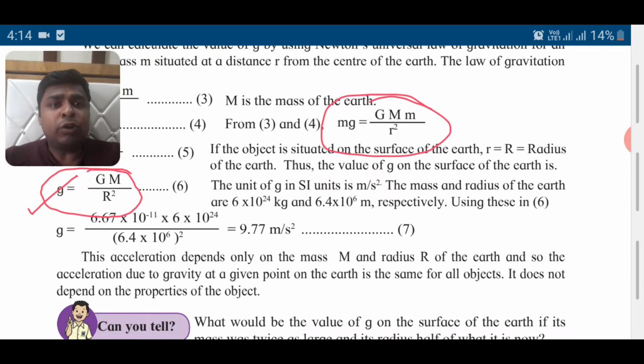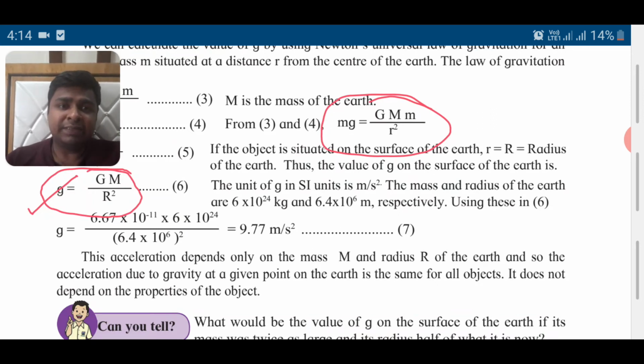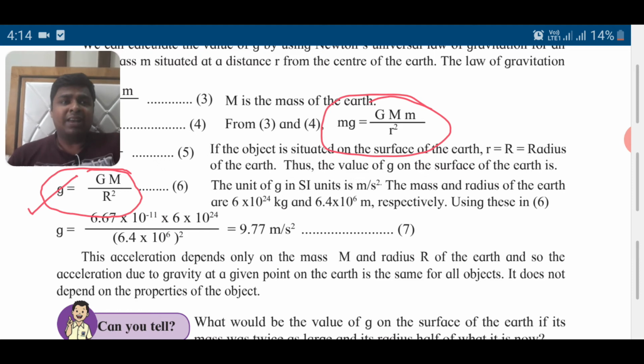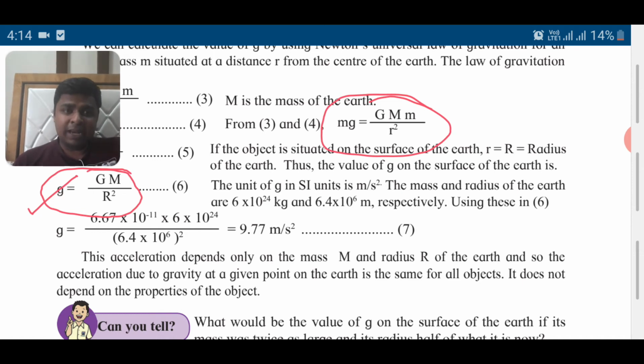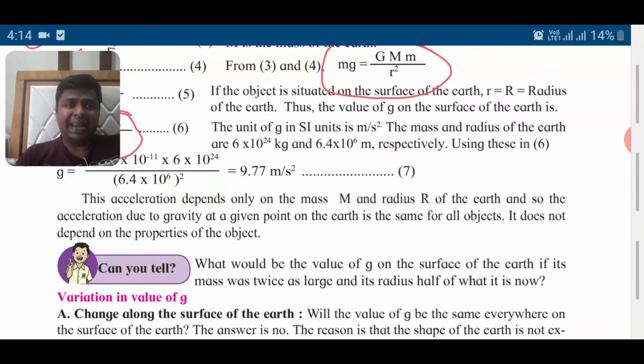Now if we put all the values, that is the capital G value, capital M value, that is the mass of Earth, and capital R value. Suppose we consider the object is on the surface of Earth, then we put the radius capital R, and we get the value 9.77 meters per second square. So for practical purposes we take it as 9.8.